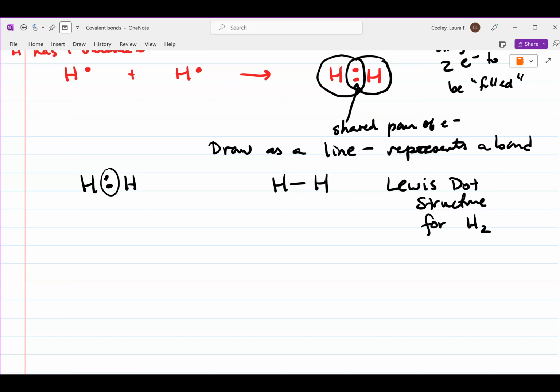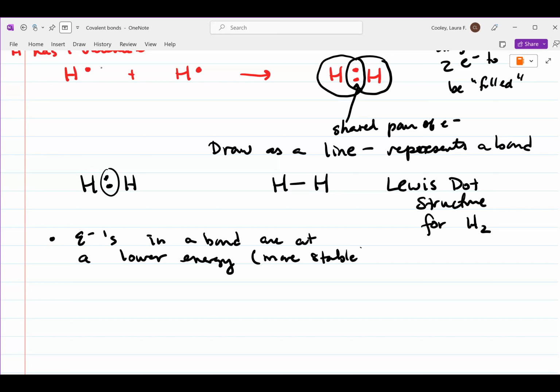In this Lewis theory, electrons involved in a bond are at a lower energy than they were as separated atoms. So why might you think that would be true? Well, that's like saying the same thing: they are more stable, but why would they be more stable?